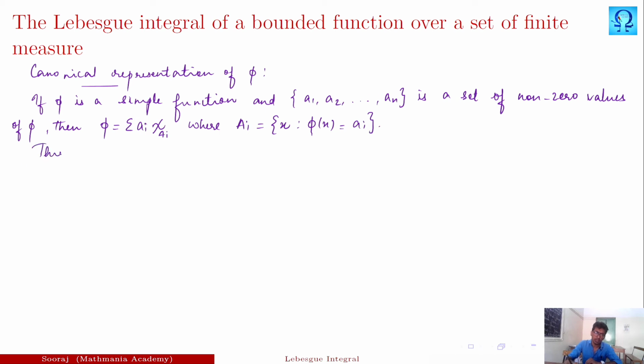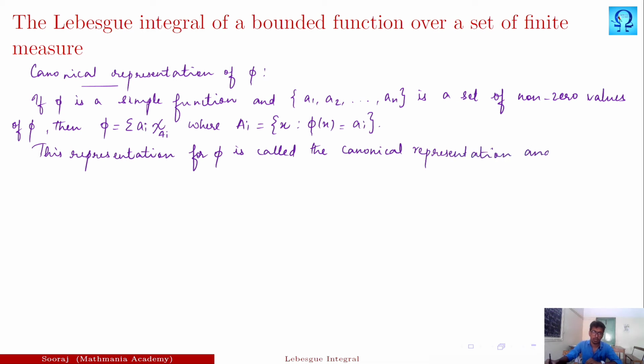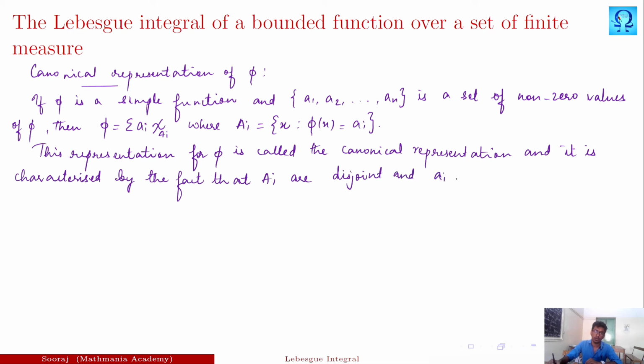This representation for phi is called the canonical representation, and it is characterized by the fact that the Ai are disjoint and the small a's are distinct and non-zero.